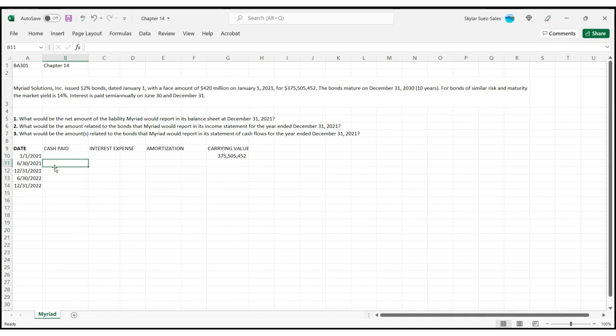So we need to amortize for the two payments so that we can have an ending balance for our bonds payable liability that will be reflected on the balance sheet. All right. So for the cash paid, what would be our formula? So if I was going to do a formula here for the cash paid by the corporation to the investors that purchase the bond, what would be our formula for this?